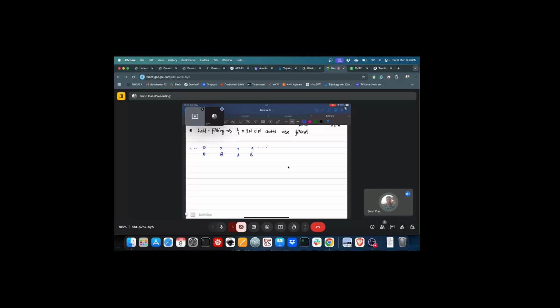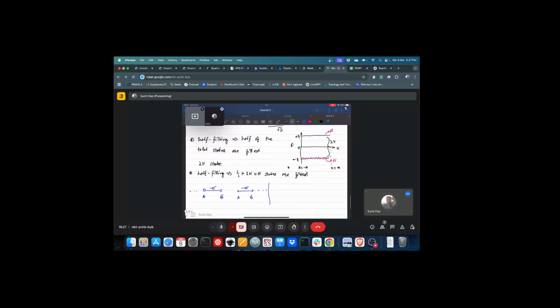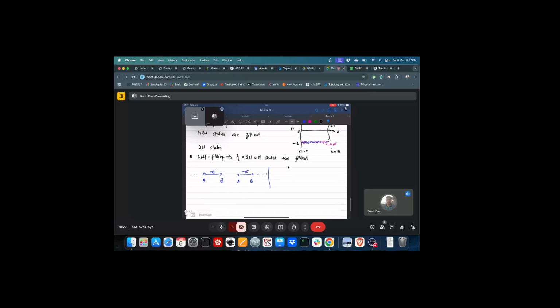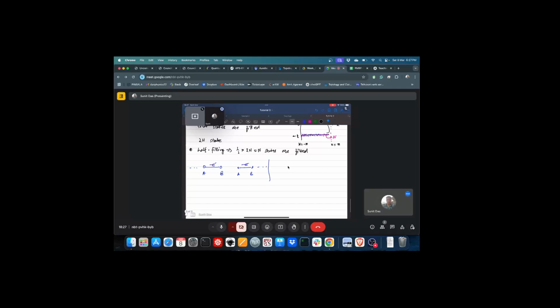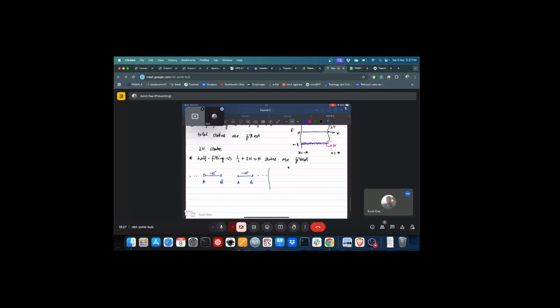There are a total of n unit cells, so here one electron is there, another electron is there, and so on. So this is the real space picture of half filling. And in the momentum space, this is the picture: you have two bands, and the lower band is completely filled. That is the half filling. So let me draw again here to contrast.